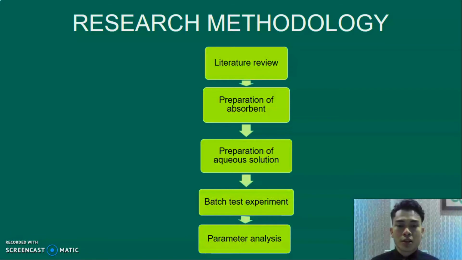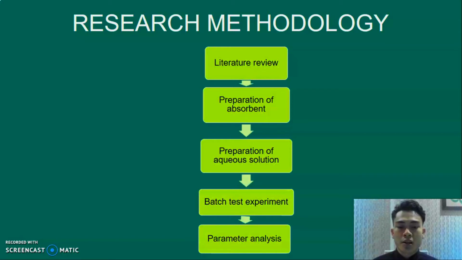This is the overall flow that we must follow to make sure our project is successful. The first procedure is that we must do a literature review. The next is preparation of adsorbent, which is 2 gram, 4 gram, 6 gram and 8 gram. The third procedure is preparation of aqueous solution, that is 5 ppm, 10 ppm, 15 ppm, 20 ppm and 25 ppm.